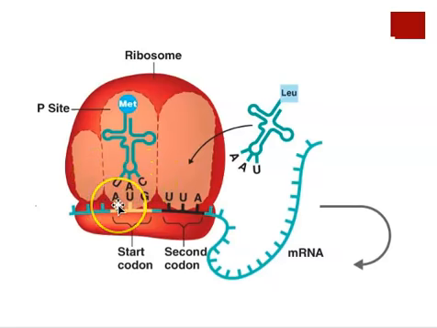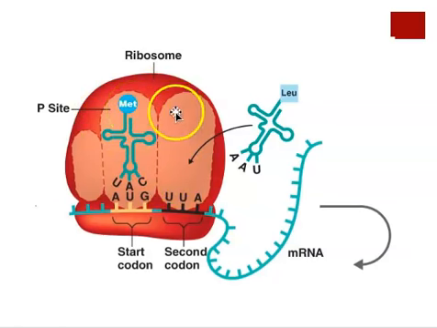Since there's an A in the codon, there has to be a U in the anticodon. A U in the codon, an A in the anticodon. A G in the codon, a C in the anticodon. This is the only tRNA that can come in and bind here. So it's the only tRNA that can donate an amino acid to the ribosome right here. And that amino acid is methionine.